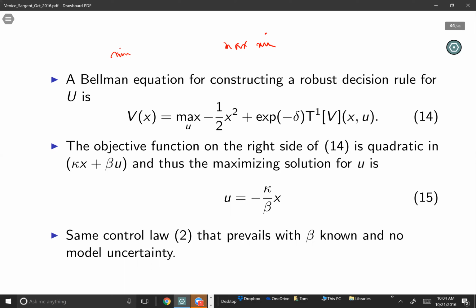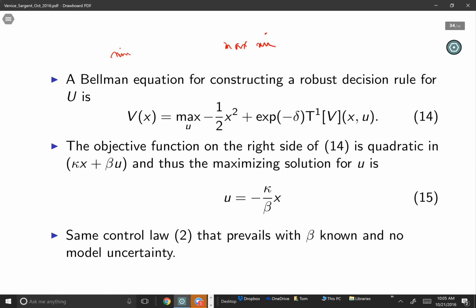So given my decision rule, nature's going to do the worst. It's going to try to minimize it. And nature's actually helping me because it's showing me where my decision rules are fragile, the aspects of my distributional assumptions to which my decisions are fragile.